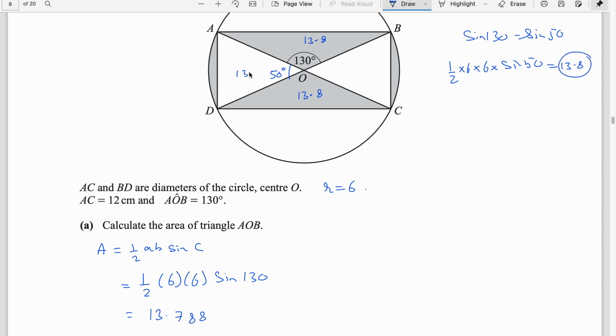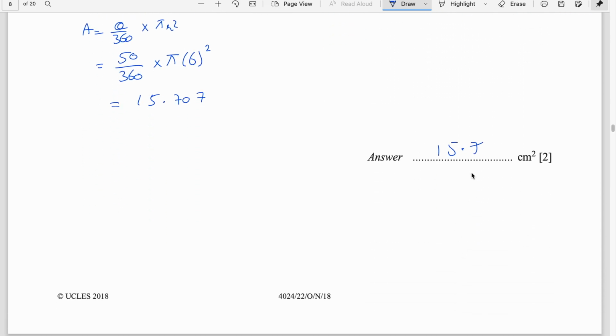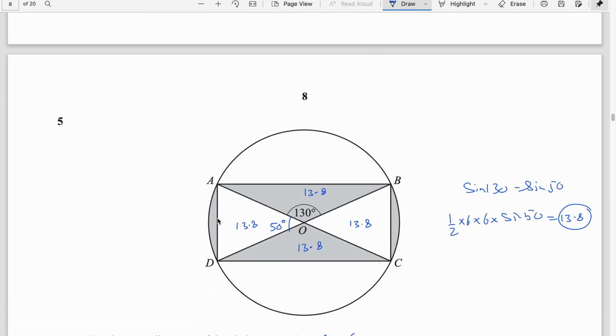So this area right here is also 13.8 and 13.8. We've already found the area of this complete sector, which is 15.7. So if we take away 13.8 from 15.7, you should get the area of this remaining shaded part.